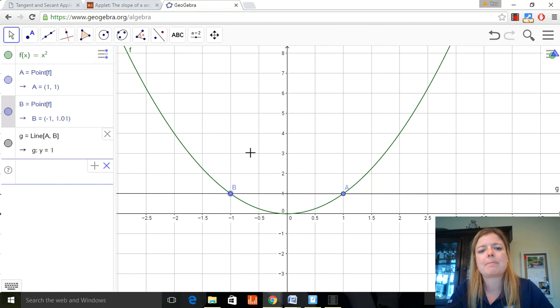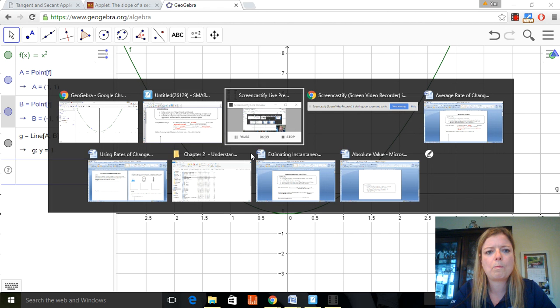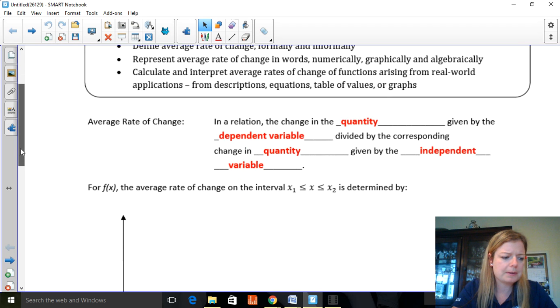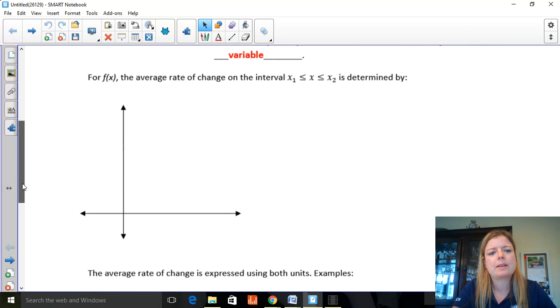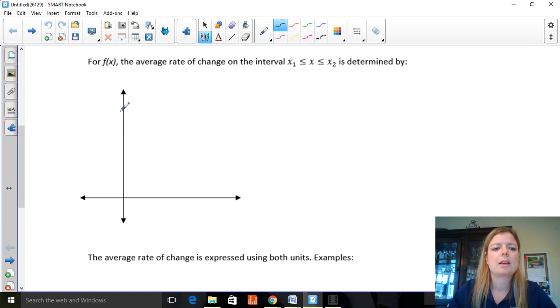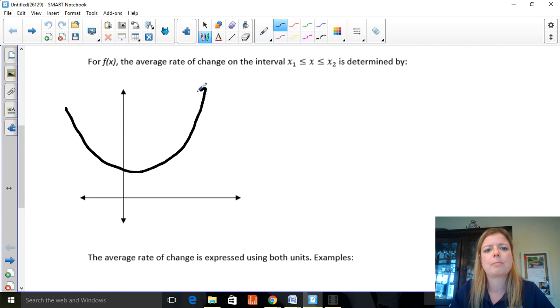Okay, let's get back to the note here. Okay, so let's formalize that a bit here. So if you draw a parabola here, just a nice normal parabola, doesn't have to look that fancy. And we have a starting point here.